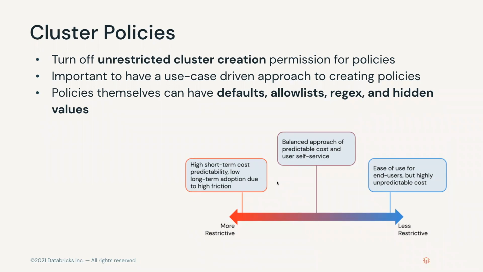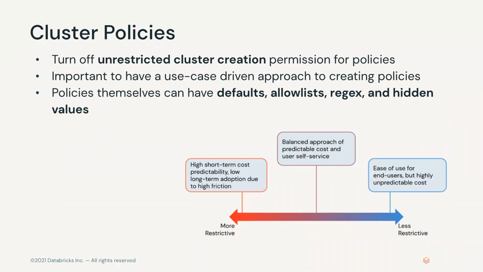Just as I mentioned earlier with the use case driven approach of creating these cluster policies, it might seem like a great idea to have super strict cluster policies that really restrict users so that they can't run up costs. However, we'll find that organizations that do this typically still end up having high costs, for multiple reasons.